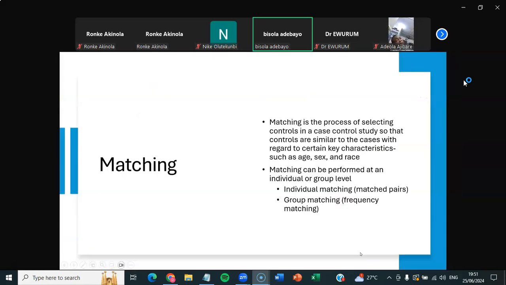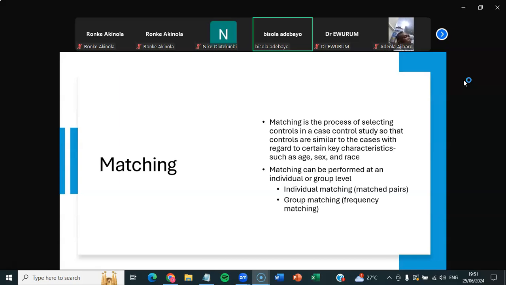So we talked about matching a lot. Matching is the process of selecting controls so that the controls are similar to cases with regards to certain key characteristics such as age, sex, and race. And we can perform it at individual level, that's for everyone, or at group level. Individual level is like matched pairs.